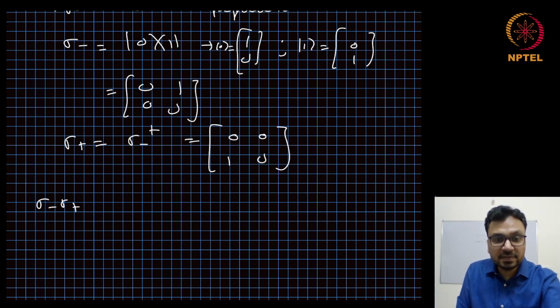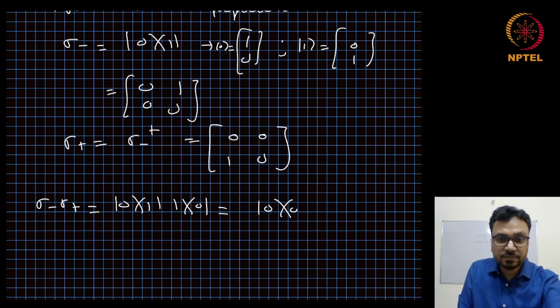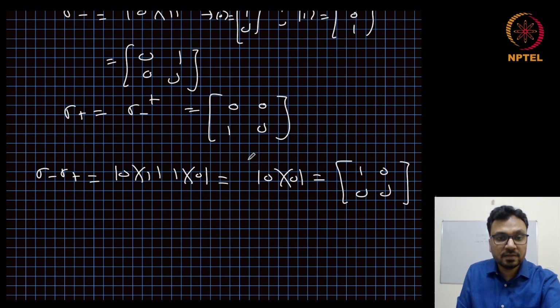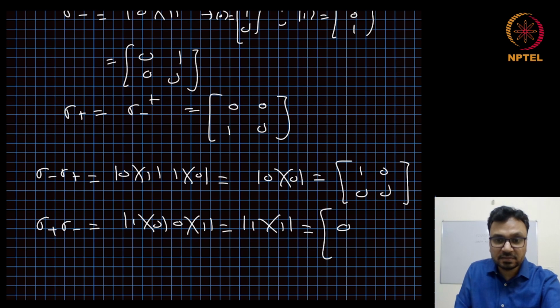Sigma minus sigma plus will be (0 1) times (1 0), that is just the matrix (1 0; 0 0). And sigma plus sigma minus will be (1 0) times (0 1), which will be the matrix (0 0; 0 1).